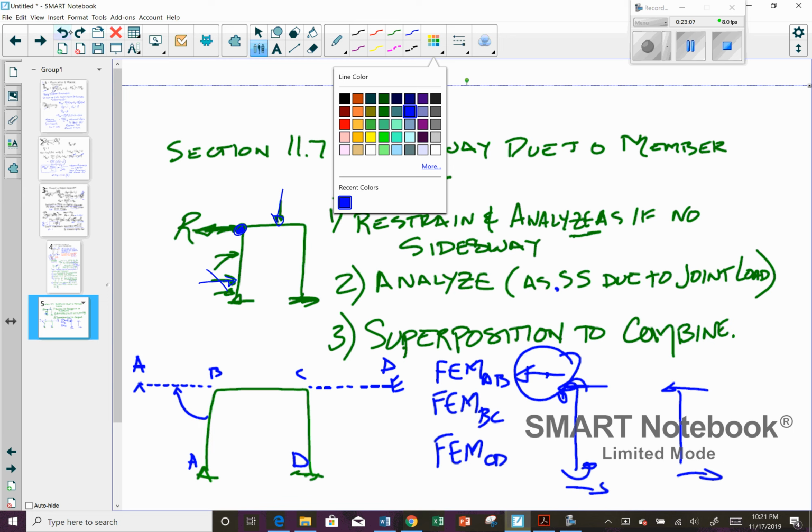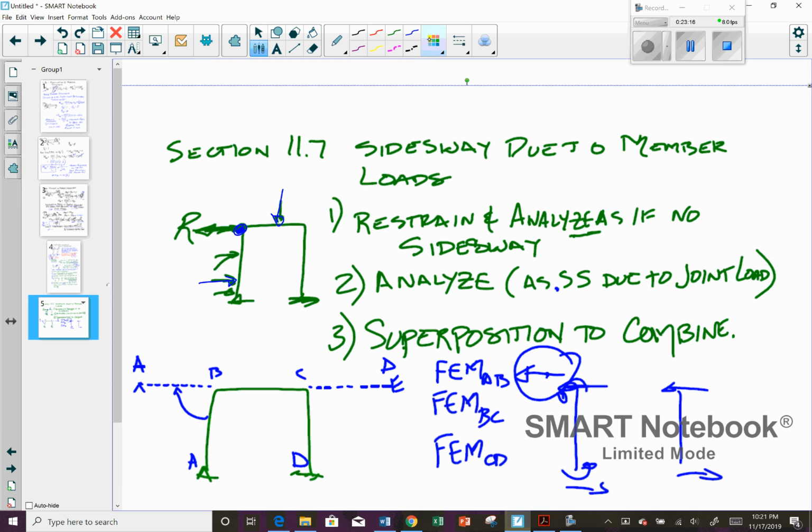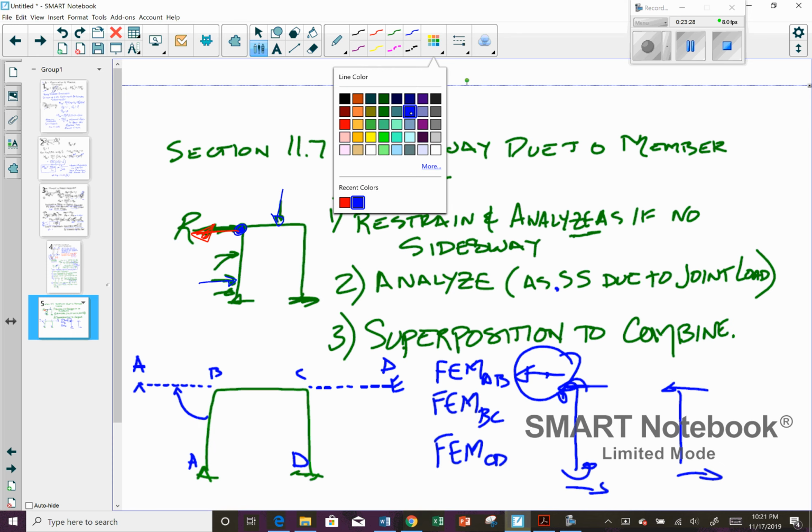And then we're going to remove these loads. Let's not cross that out. We'll not have those loads, but then analyze with the side sway at a joint, because previously with this one you had this load.